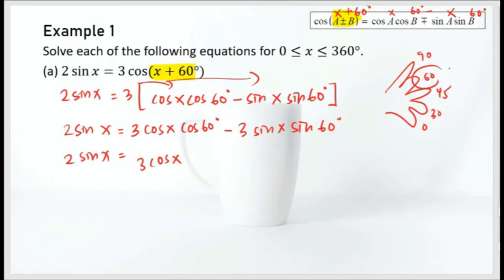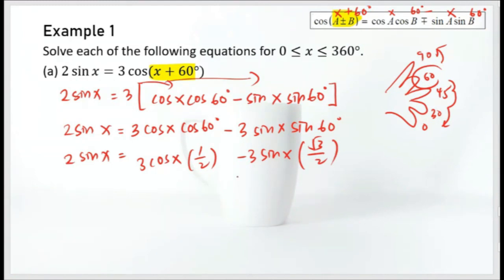Cos is go down or go up? Cos is go up, right? Go up one step. One step is square root 1, which is 1, over 2. And minus 3 sine x sine 60. 1, 2, 3, 3 steps downward. Square root 3 over 2.